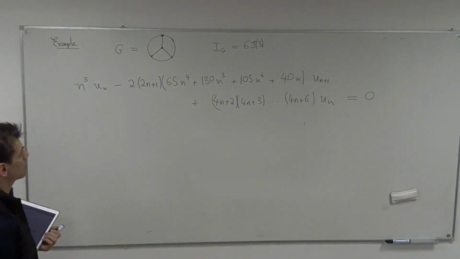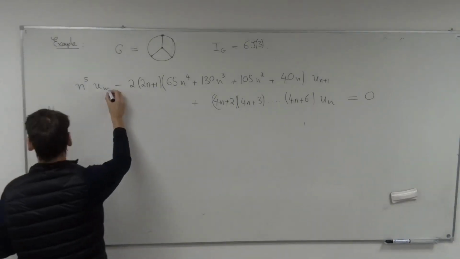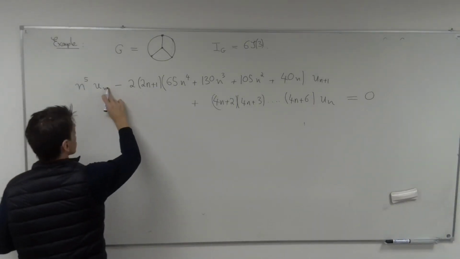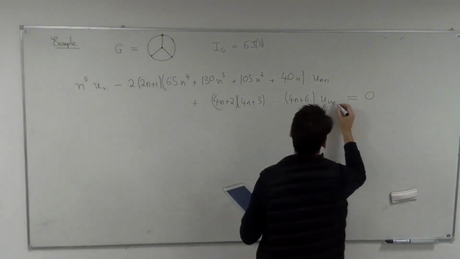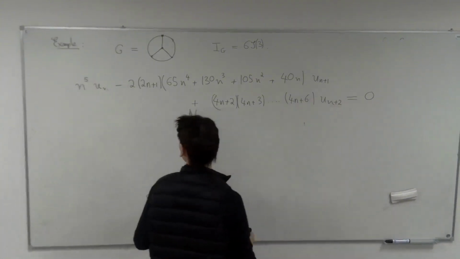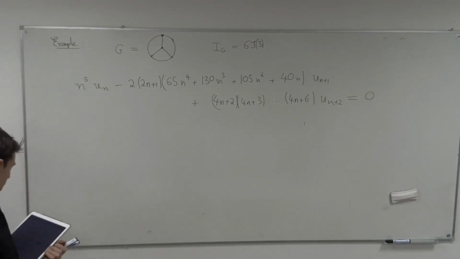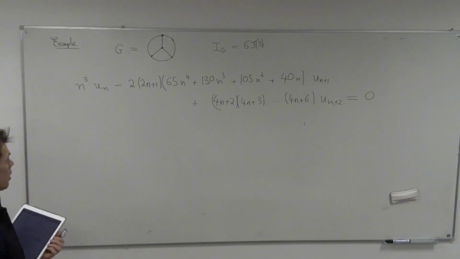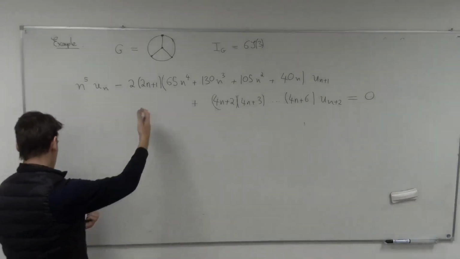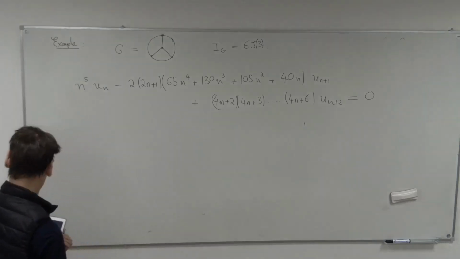Sorry, of order 2. Oh, sorry, this is wrong. This is n plus 2 here. Okay, I've written it the opposite way that I did before, but it's correct. So it's a second order recurrence, and these polynomials have degree 5, I think.